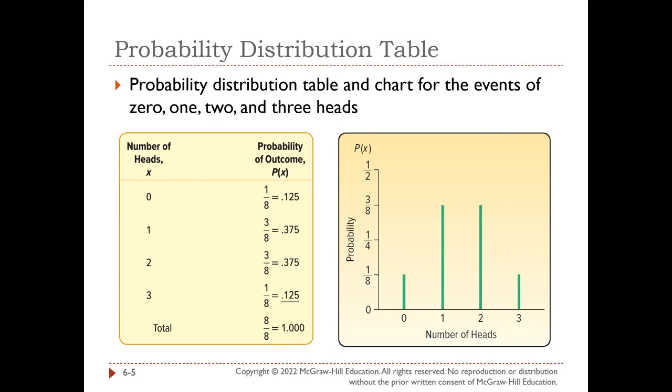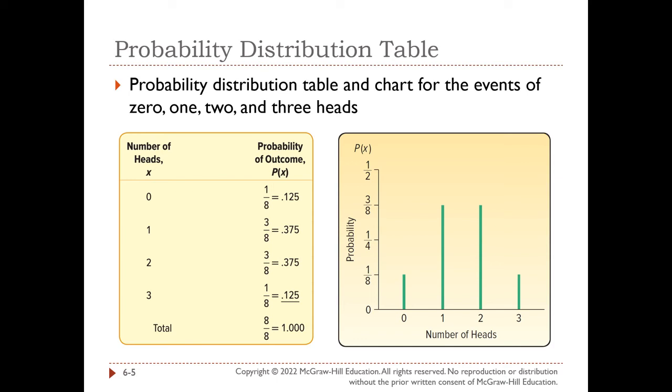Probability distribution tables and charts of events of 0, 1, 2, and 3 heads. Well, tossing the coin 3 times resulted in 8 different outcomes. The events of 0, 1, 2, and 3 heads are mutually exclusive and exhaustive so that the sum of the probabilities is 1.